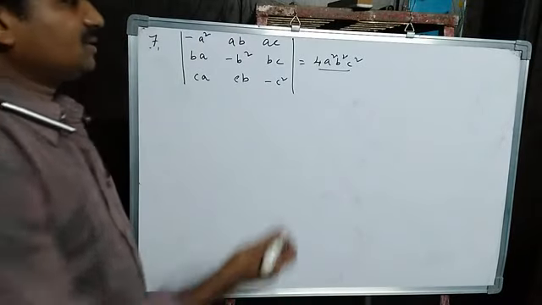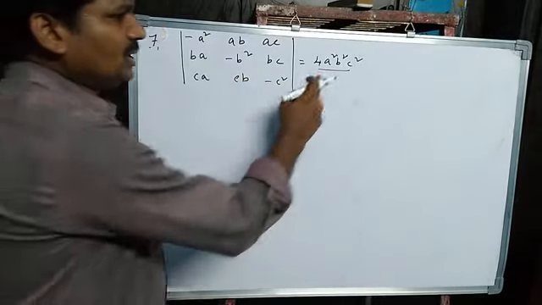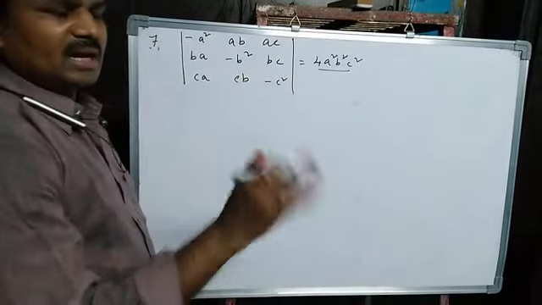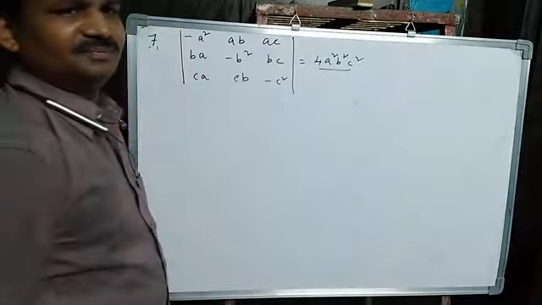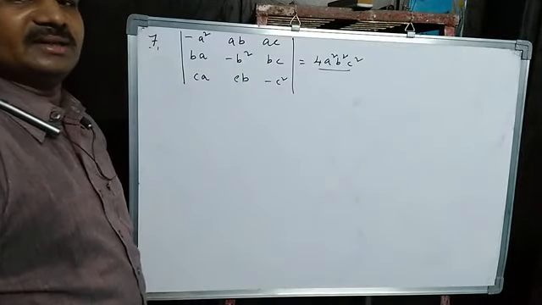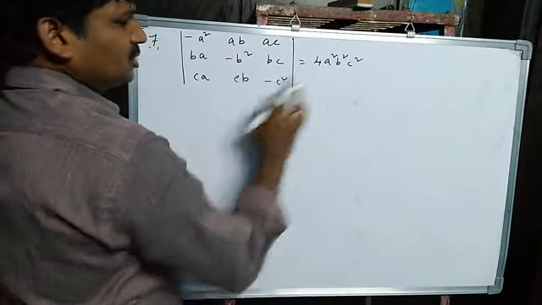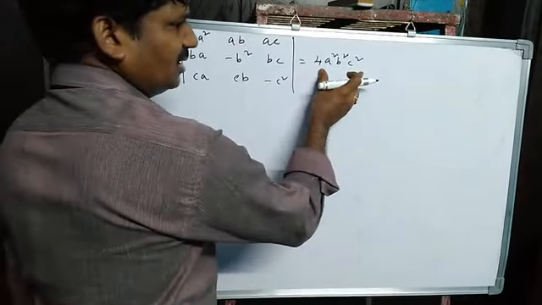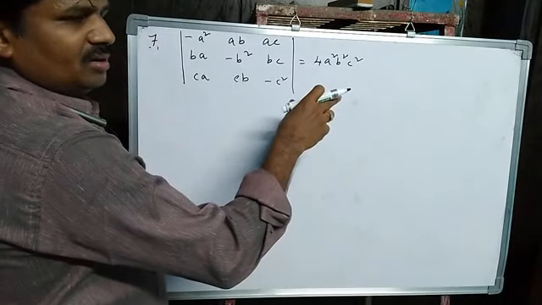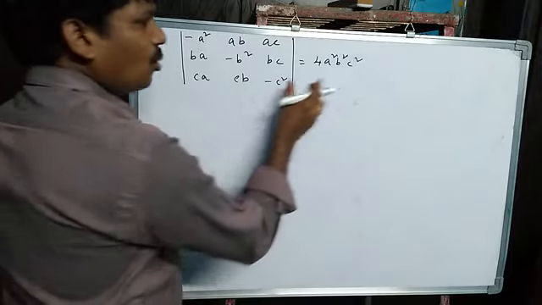Sometimes by taking some terms or elements common, you will get these values. You cannot get it totally, you will get some part or the total value. So while solving this type of question, to prove that this determinant is equal to this value, compulsorily observe what left side determinant is given and what is asked to prove.